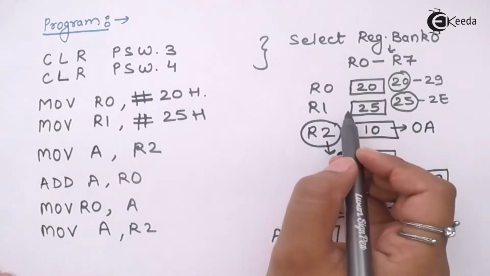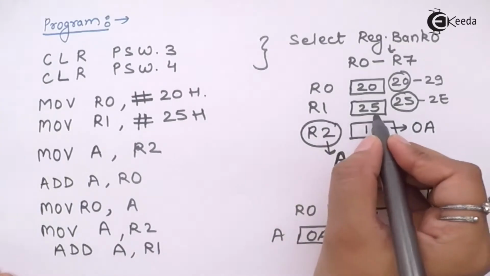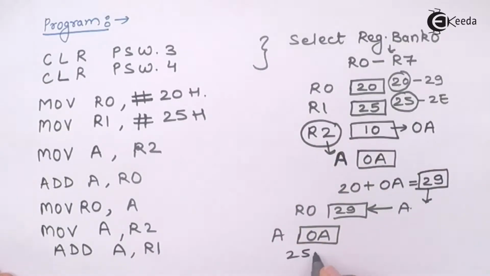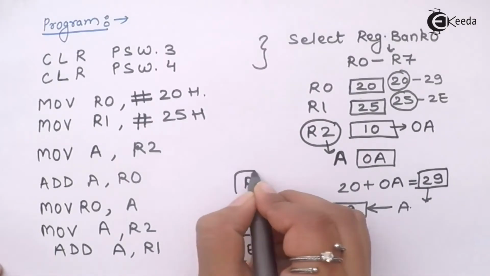Now this is to be added with R1. So add A with R1. R1 is having 25. So 25 and 0A will be added. The result is 2E, so 2E is now in the accumulator. Now this 2E is to be shifted into the R1 register again.